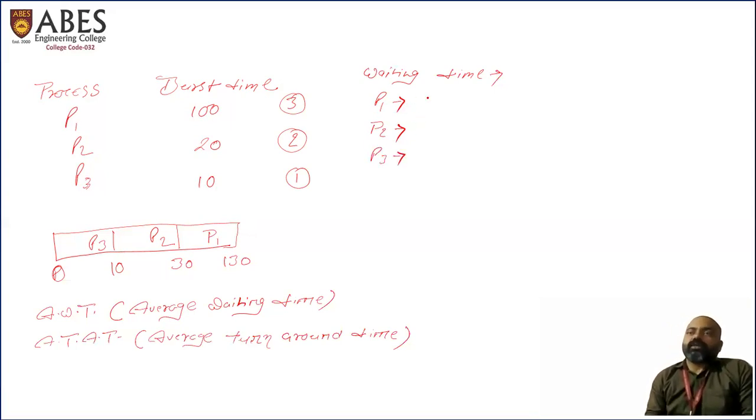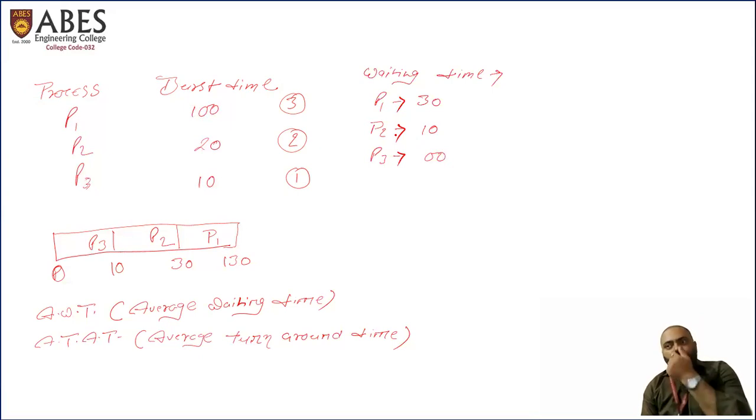So for P1 this is 30, for P2 this is 10, for P3 this is 0. Because here arrival time is not given, so we assume that when CPU starts execution, all the processes are available for their execution. So we can assume arrival time for all processes is 0. So waiting time for P1 is 30, P2 is 10, and for P3 is 0.